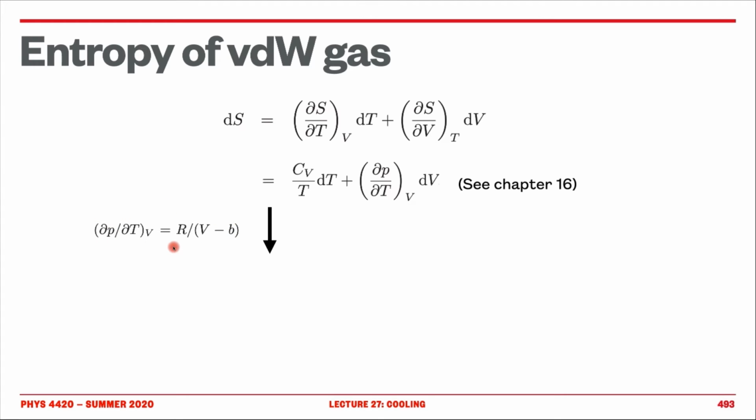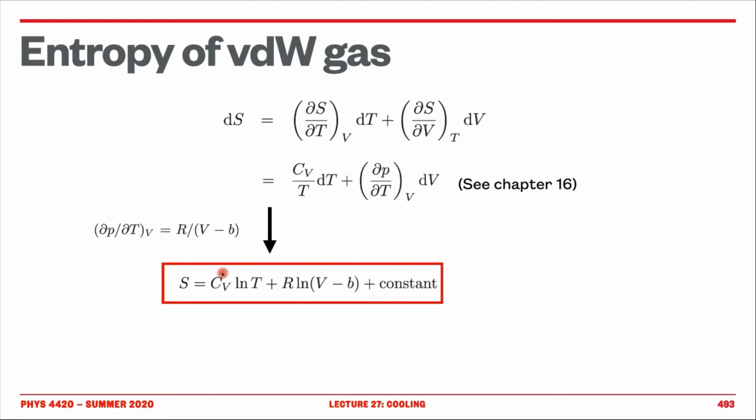What we find in that case is that the entropy is going to be equal to Cv ln T. When I integrate, I get a logarithm of temperature here, and when I integrate here, I get an integration of this term. I also get a logarithm with respect to volume. And then, of course, I have a constant of integration which I don't know.